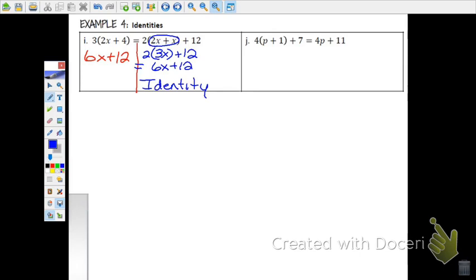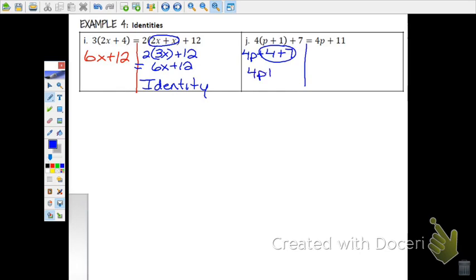If I look at this next example, again, looks completely different. If I distribute, I get 4p plus 4 plus 7. And then I can combine my like terms.